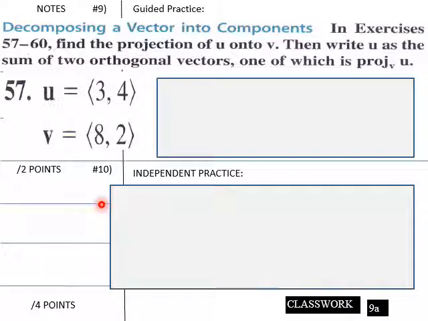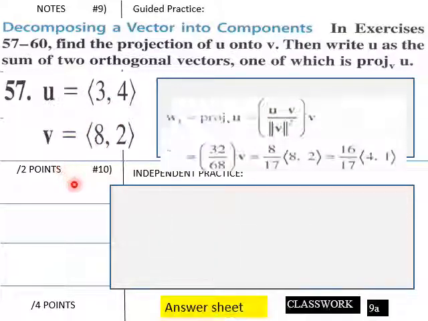So let's try one now. So we found the components of this. Find the projection of U onto V. Then write U as the sum of two orthogonal vectors, one of which is a projection of U onto V. So here's our U and V here, 3, 4, 8, 2.